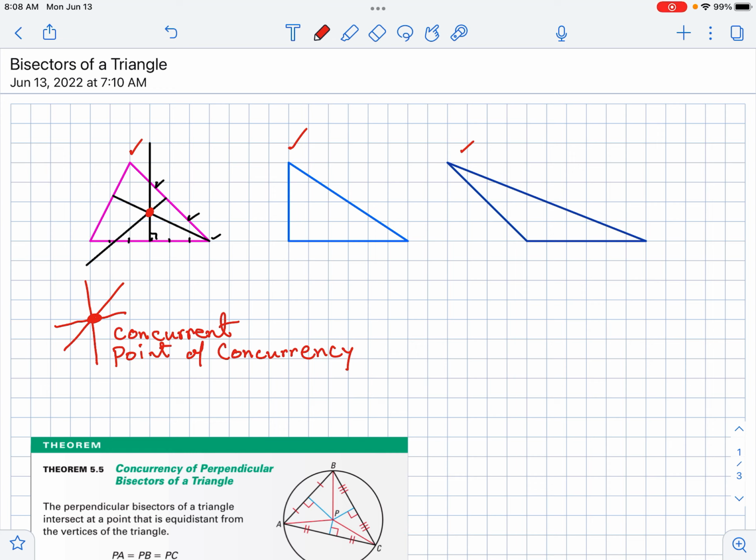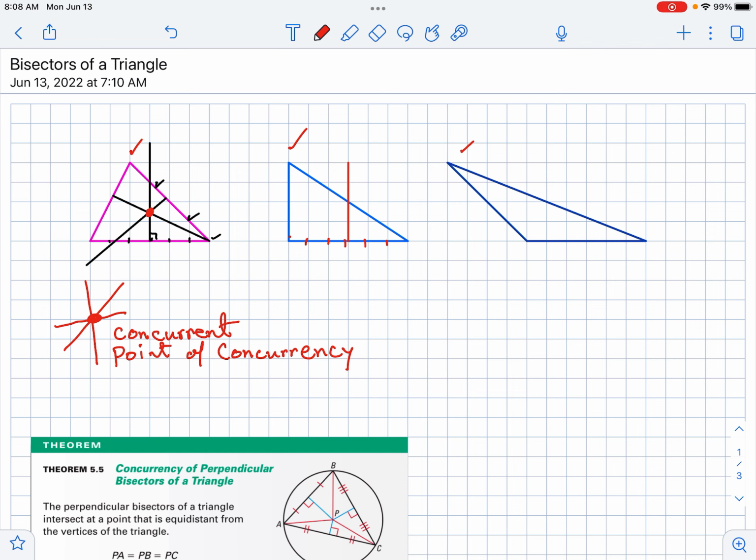So if you look at these points of concurrency for each of these, for the right triangle, you're going to have a point of concurrency right there on one of the sides. It would look something like this. Let me see if I can kind of estimate here. Here's 1, 2, 3, 4, 5, 6. So maybe about right here.